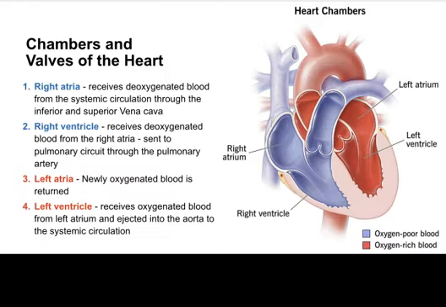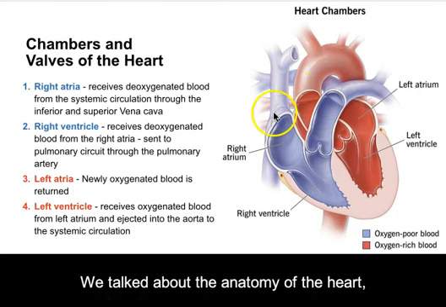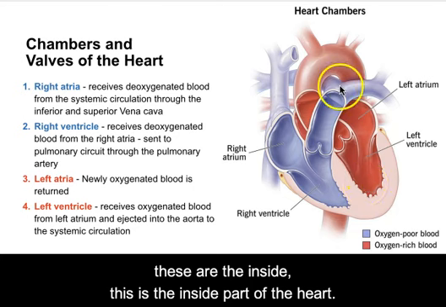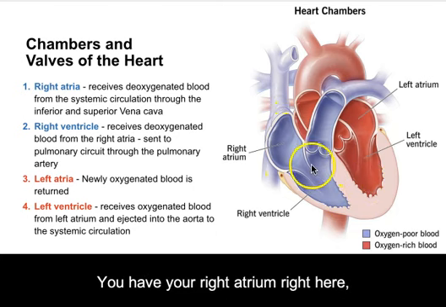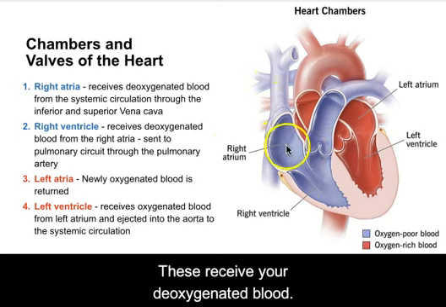Chambers of the heart. So we talked about the primary function of the heart. We talked about the anatomy of the heart, the outside, the layers. Now, the chambers of the heart. This is the inside part of the heart. You have your right atrium right here, then your right ventricle. These receive your deoxygenated blood.